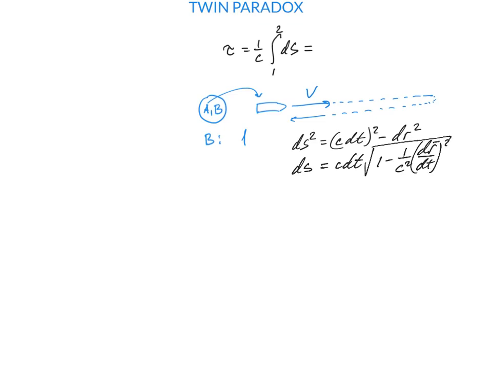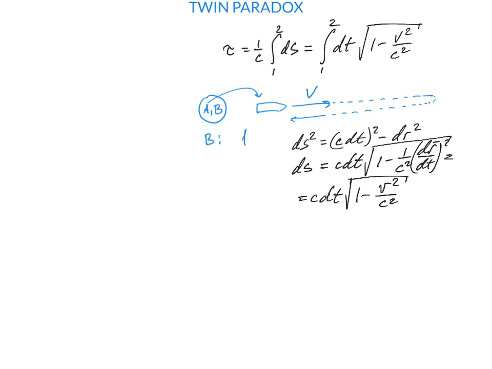Now this here is the velocity, so we find c dt square root 1 minus v squared over c squared. So we would substitute ds over c into the formula for tau, and that will give us integral dt square root 1 minus v squared over c squared.